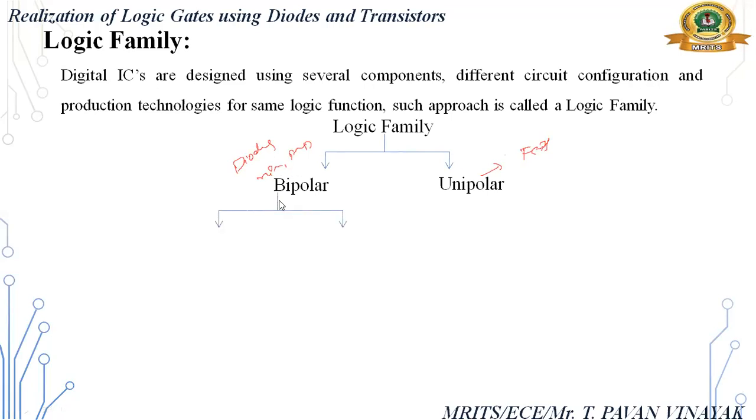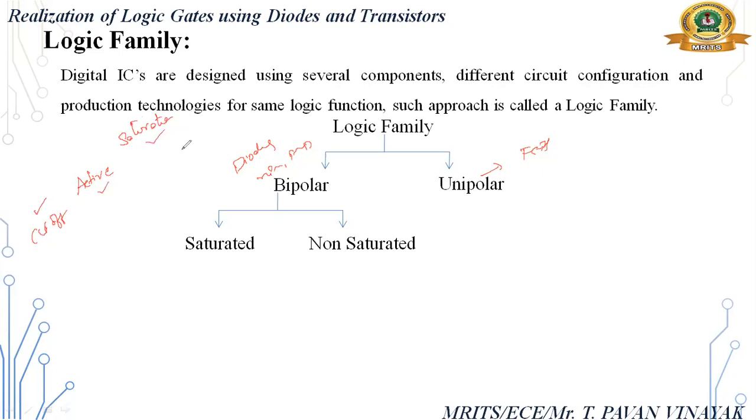Again bipolar is classified into two types: saturated and non-saturated, because a transistor has three regions: cutoff region, active region, saturation region.